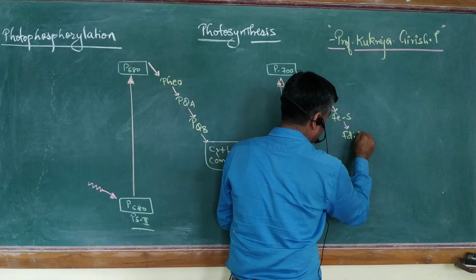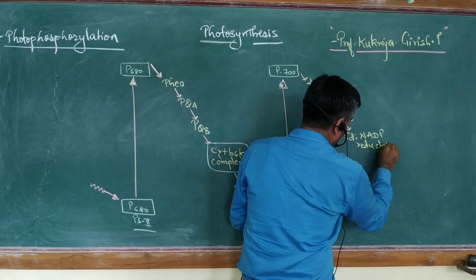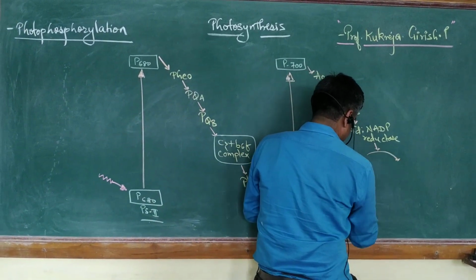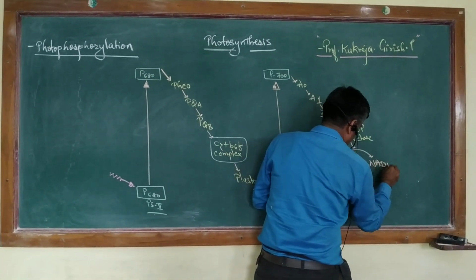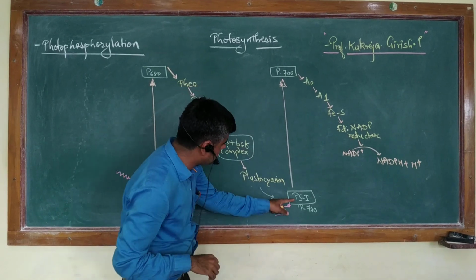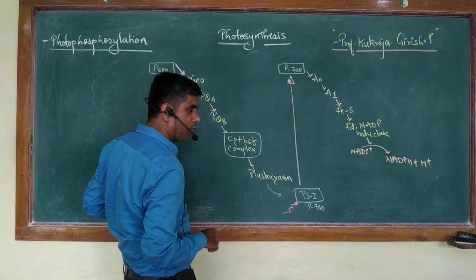Right, so the ferredoxin NADP reductase enzyme transfers these electrons to your NADP plus, and this particular NADP plus is then converted to your NADPH and your H plus, right? So once this electron has gone here, it is replaced by the electron which has come from P680.